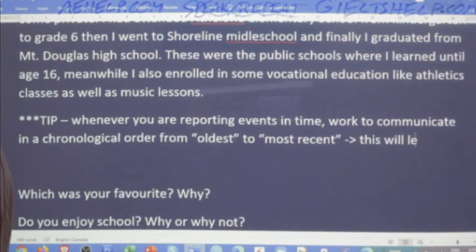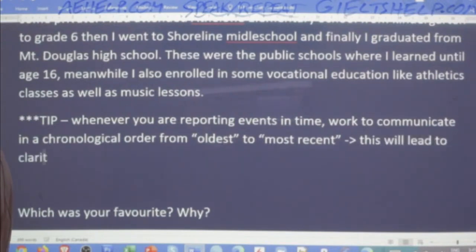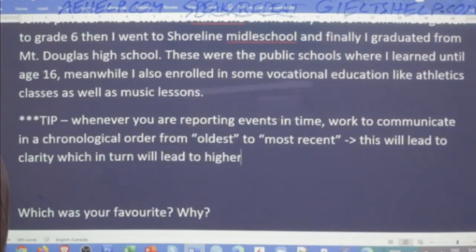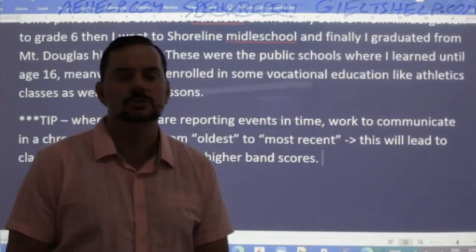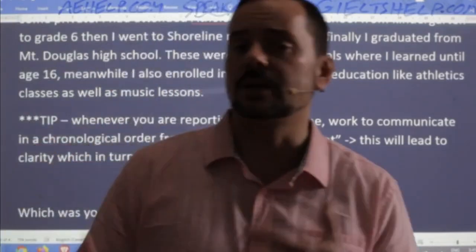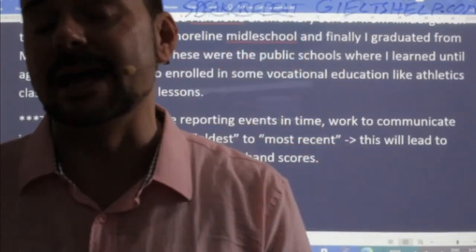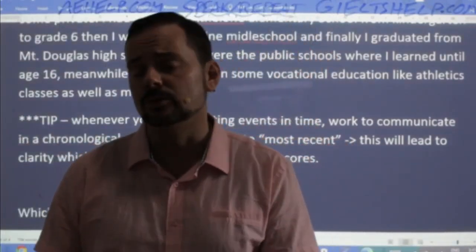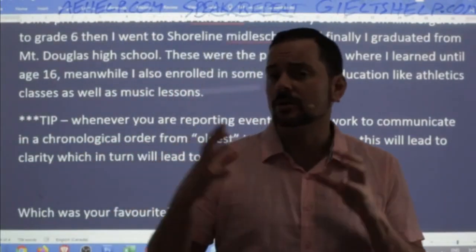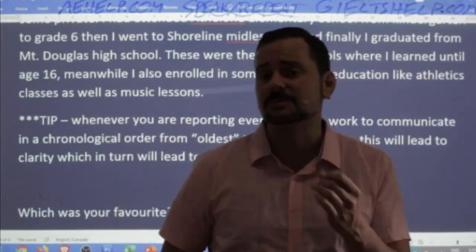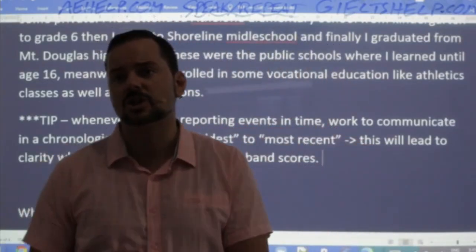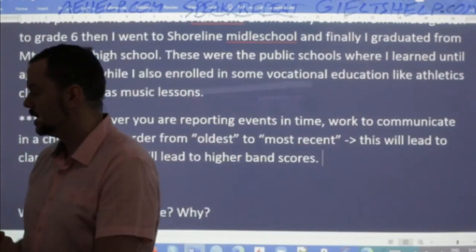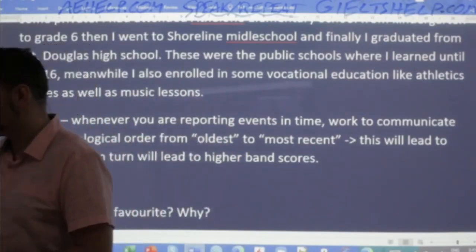This will lead to clarity, which in turn will lead to higher band scores. Okay, especially in part 2. So especially if you're talking about an event in the past, in part 2 for the cue card, be very careful to retain a chronological sequence of events as much as possible. Okay, that will be much clearer for your examiner.